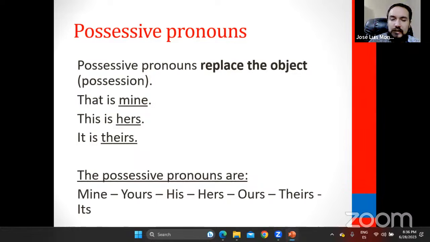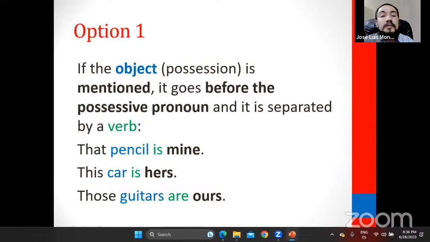Knowing that, we can work on some important details. We can mention the object, but not next to the expression. It will be something like the ones you see on screen. That pencil is mine, but we don't say that is mine pencil. No, that pencil is mine. That car is hers.